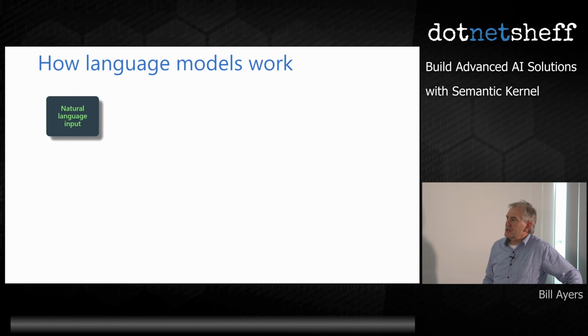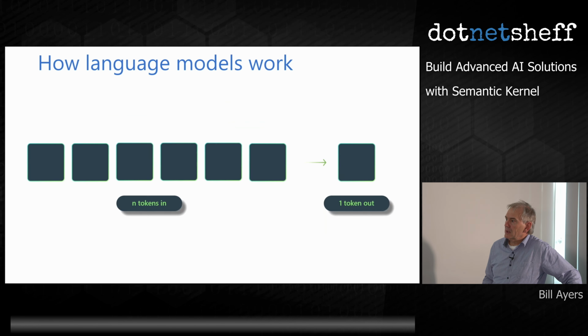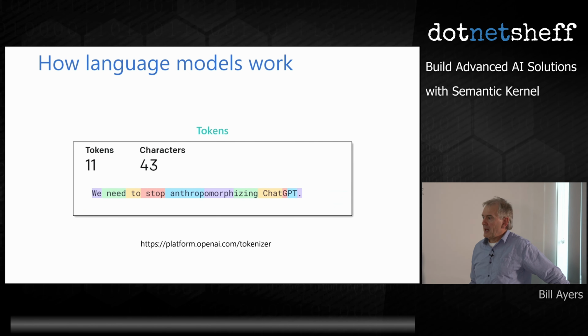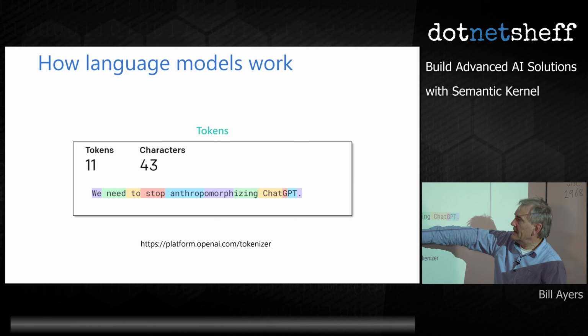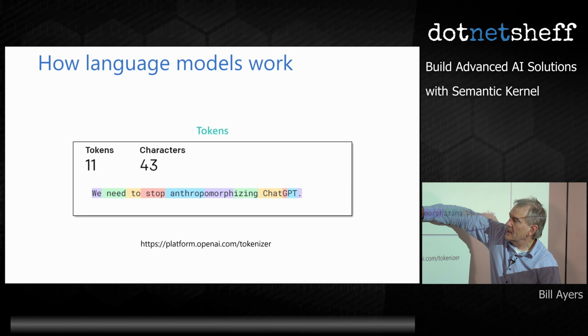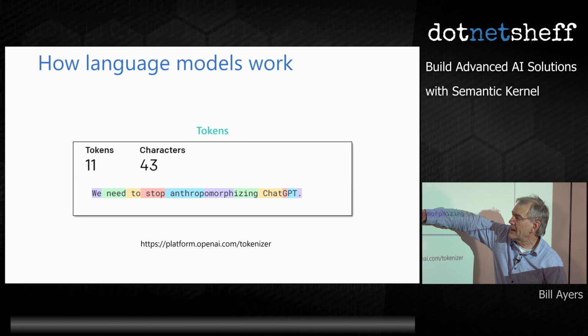So basically, it's tokens in and then tokens out. Here's an example: if we were up to here, we need to stop, what's the next character?